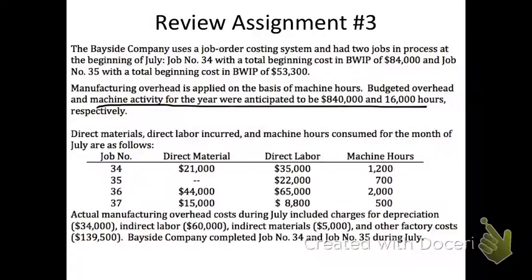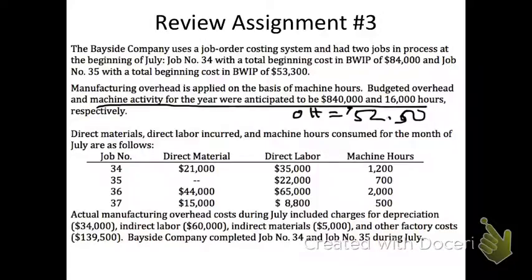Again, you can have job order costing that uses activity-based costing, similar to what you had on the first midterm, but here we're using traditional costing. They have estimated total overhead to be 840,000 with 16,000 expected hours, so your overhead rate is equal to 52.50 per hour.